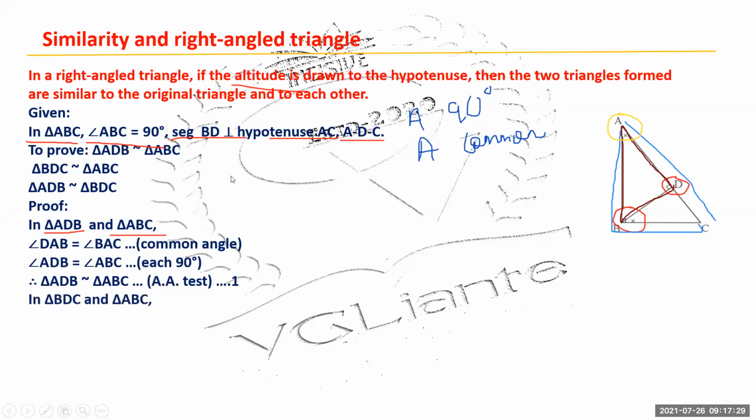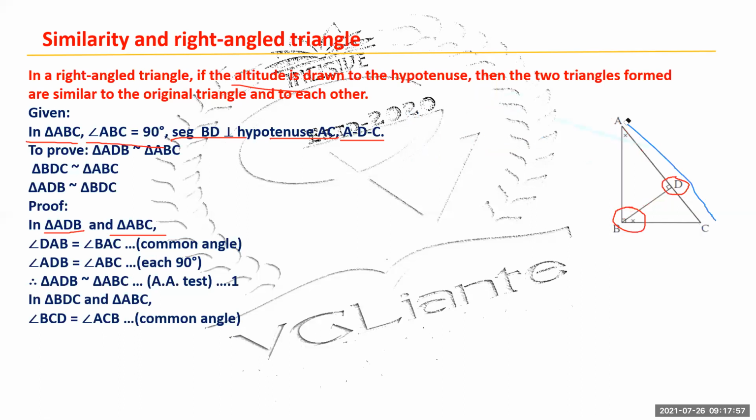We'll move ahead. In triangle BDC and triangle ABC, angle BCD equals angle ACB. Again, if you have a closer look, these are the common angle in the two triangles BCD and ABC.